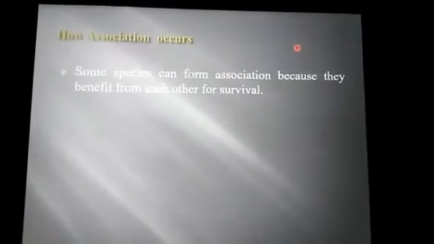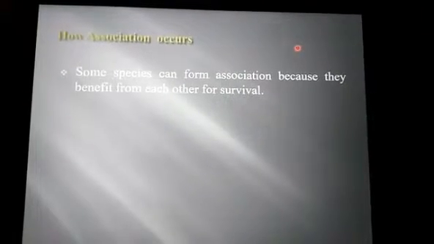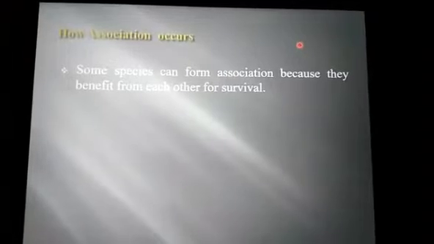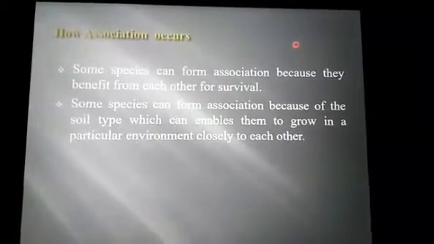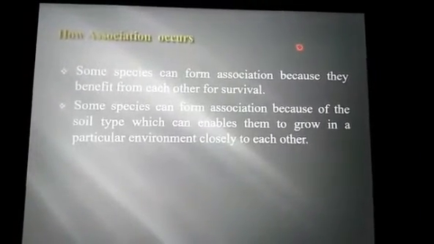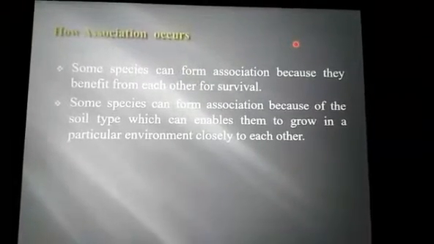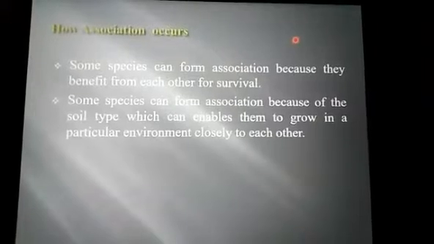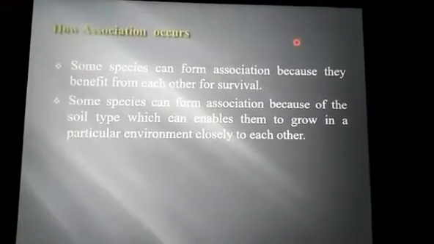So how does an association occur? Species can form association because they benefit from each other for survival. They can show some association because of the soil type. If they prefer the same kind of soil, then they would occur at the same place.